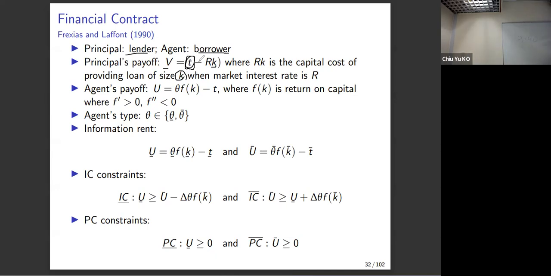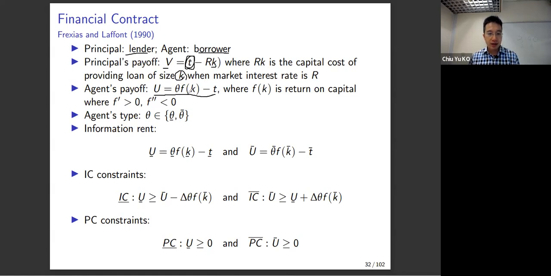I'm going to give you K dollars, okay, and you give me back T, okay, and R is the cost of capital for you, because this also determines the option, okay, and this is the startup, right?